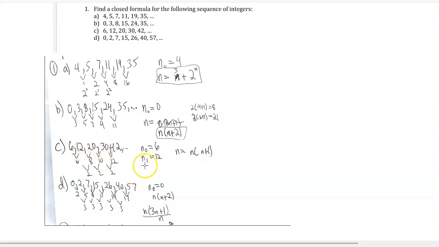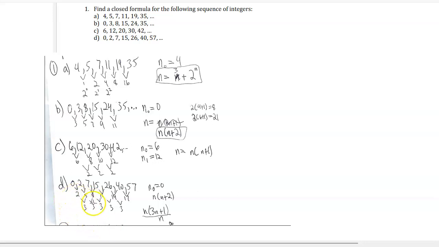So then finally for D, we got 0, 2, 7, 15, 26, 40, and 57. Again, the difference between 0 and 2 is 2, 2 and 7 is 5, then 8. The next ones are 11, 14, and 17. This had a similar pattern where the difference between the differences is 3.